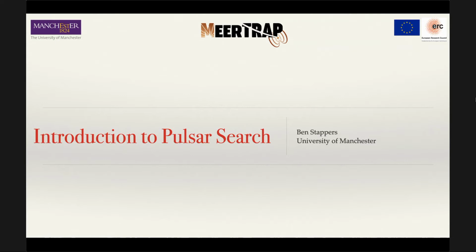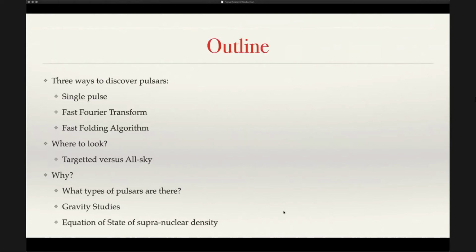So as Marissa said, what I'd like to talk to you about is an introduction to how you would search for pulsars. And so the outline of my talk is going to be split into two halves, really.